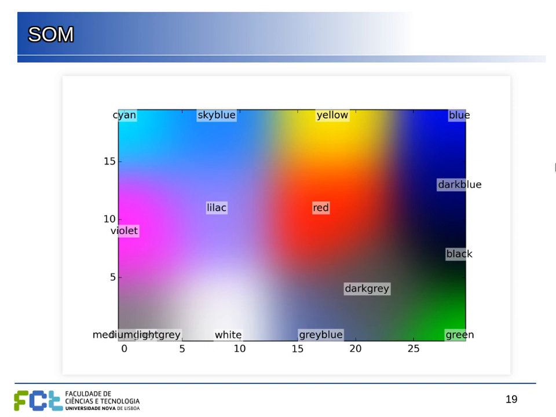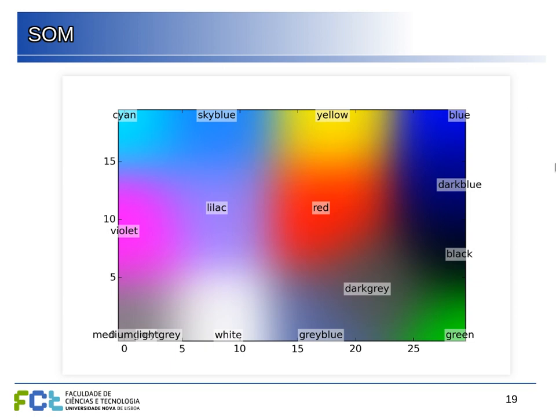So the topology of the map itself, which is this 2-dimensional table of neurons, and the topology in the space of the data that is given by the coefficients in the different neurons. In this case, I'm using the coefficients in the neurons to draw the colors. I use the red, green, and blue values there to represent the colors, and this is how the color space will be projected into two dimensions using this self-organizing map. So this is the general idea with a simple example.